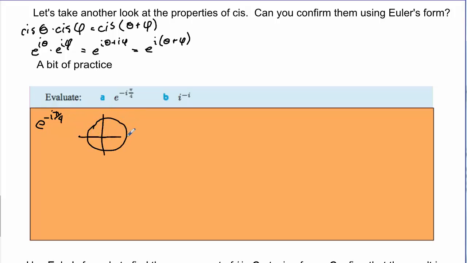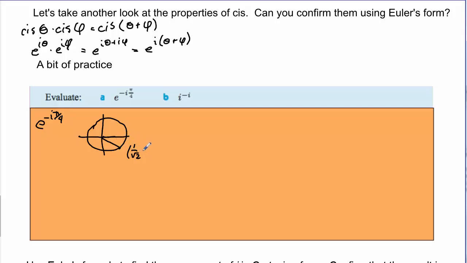Minus pi over 4 is down here, and so we know what the coordinates of this are, because the x coordinate is cosine of minus pi over 4, which is 1 over root 2, and the imaginary component is negative, and that's the sine.